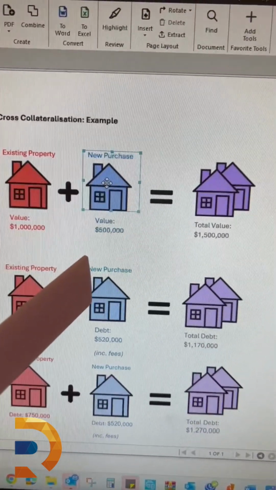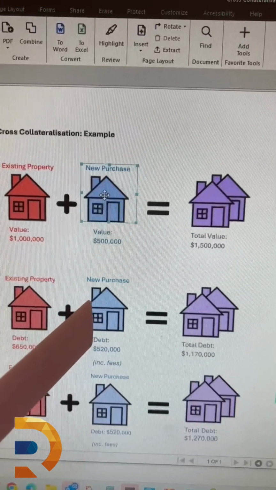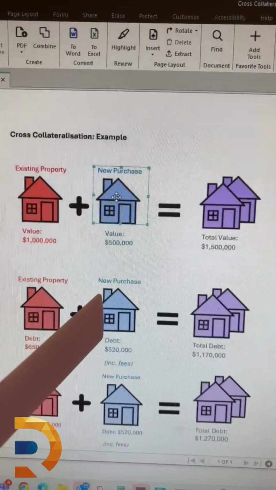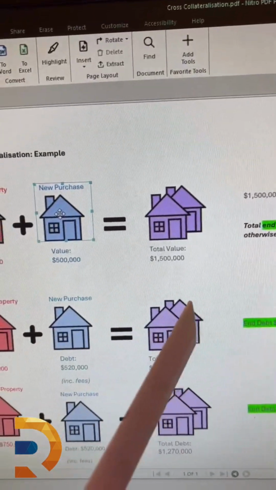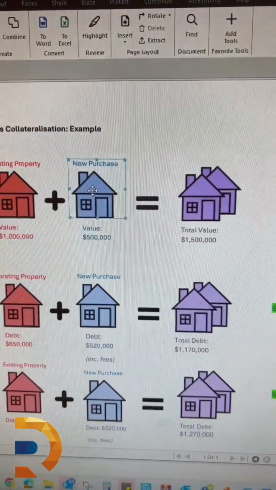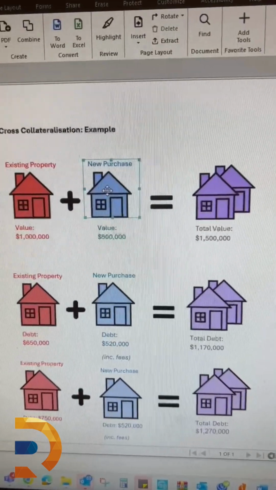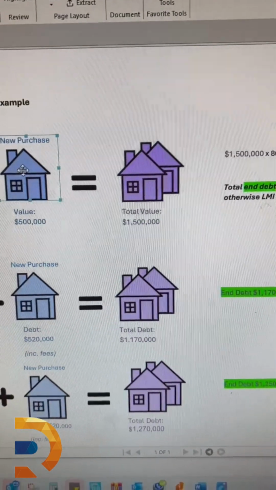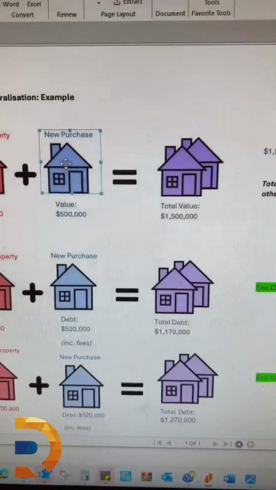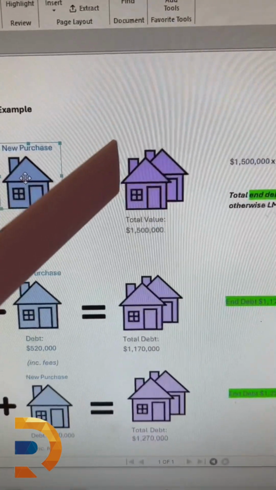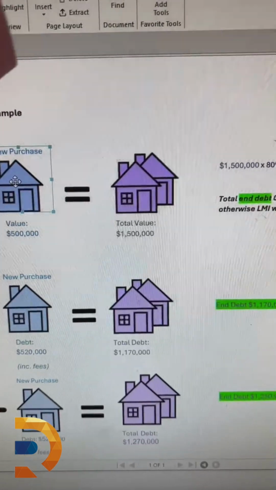So you're going to borrow the full $500,000 purchase price plus an additional $20,000 to cover the government fees. So the total debt that you're going to be asking the bank for is $650 plus $520 equals $1,170,000 in debt. And above that, you can see that you've got two homes worth $1.5 million.